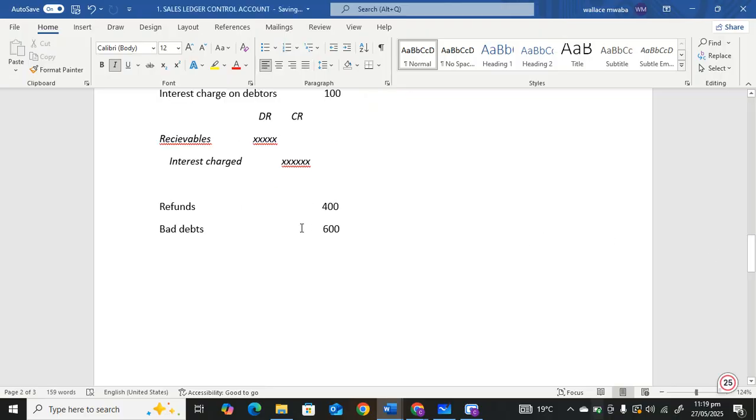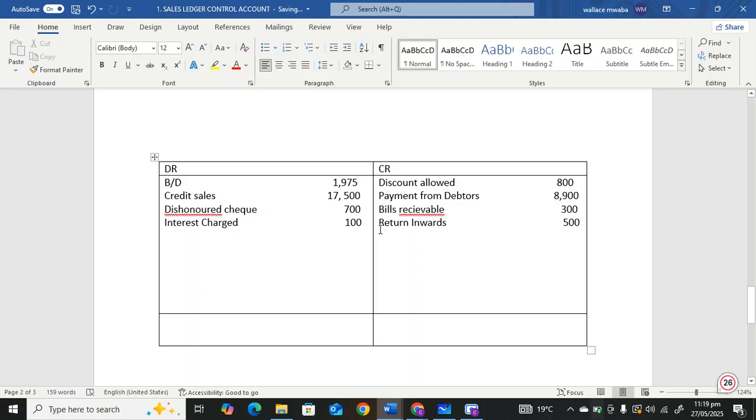So here, refunds, you put on the debit side of the control account refunds. And that's if you're an honest person. Because if you're not an honest person, you take that overpayment and you won't let the person know.